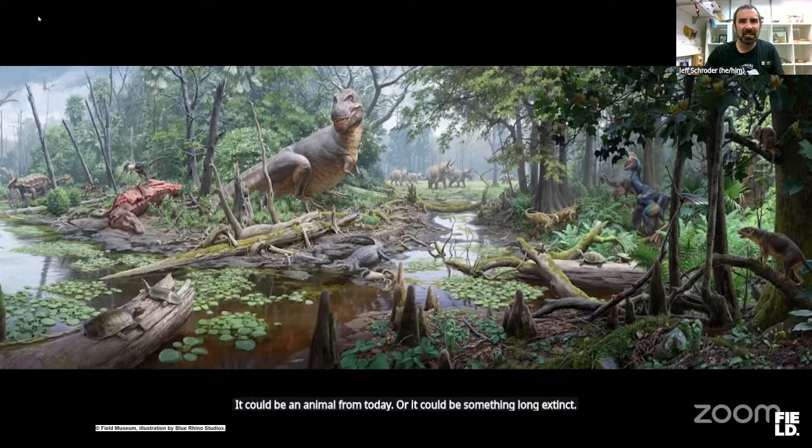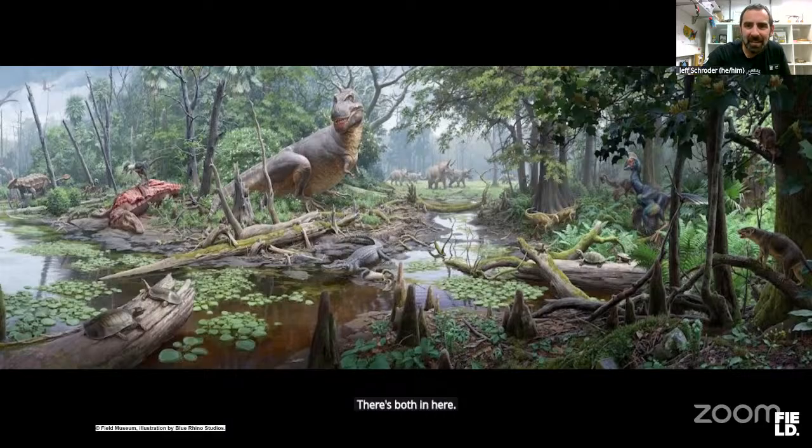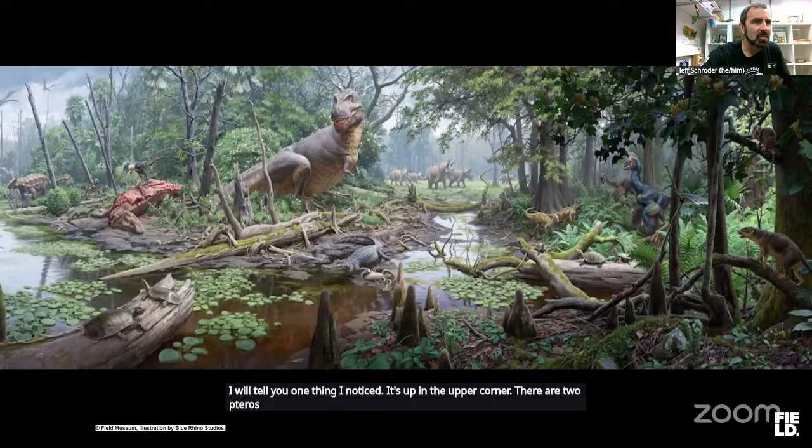There's both in here. Scan that picture. I will tell you one thing I noticed. It's up in the upper corner. There are two pterosaurs, those big flying reptiles that aren't actually dinosaurs, but lived together with them. I see those up there.